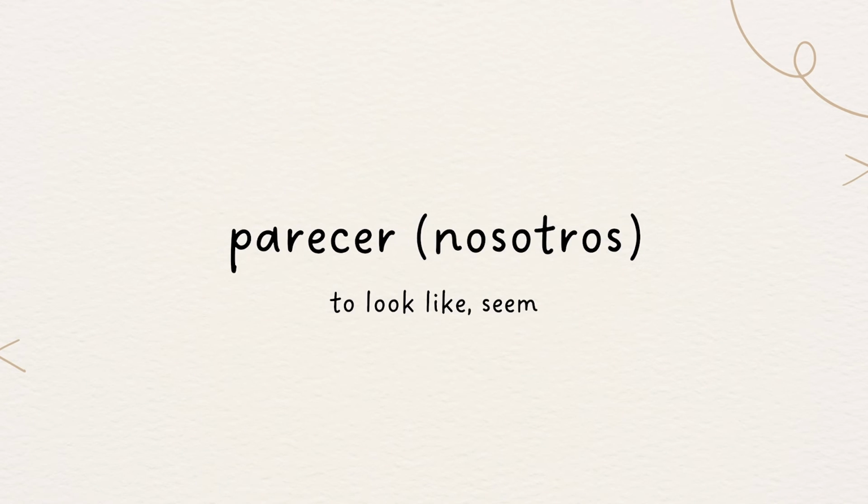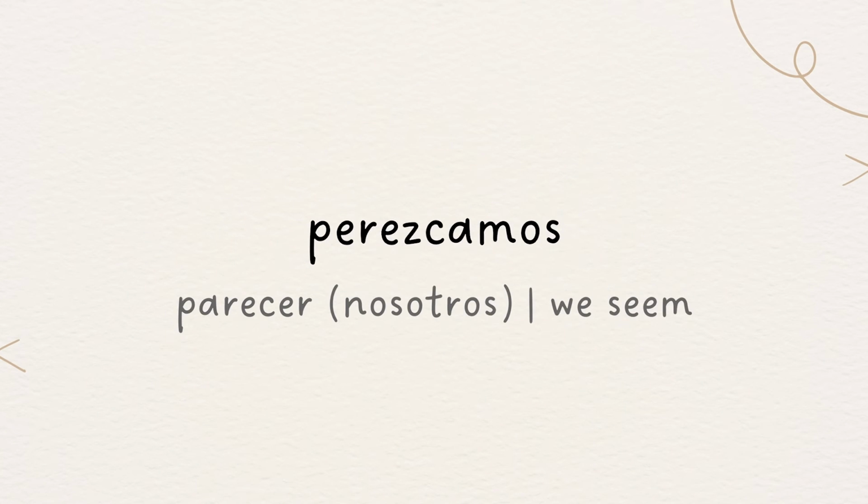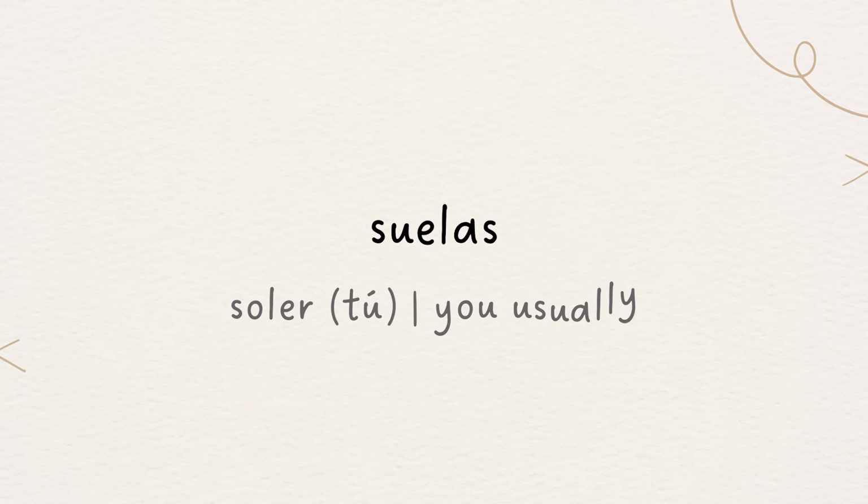Parecer for nosotros becomes periscamos, which means we seem. Periscamos. Soler for tú becomes suelas, which means you usually.